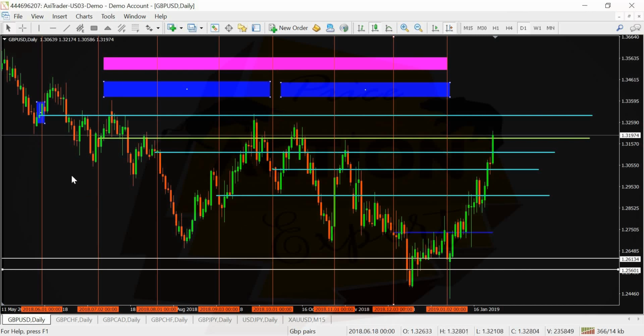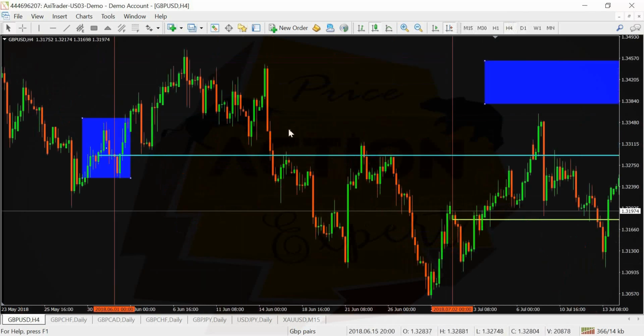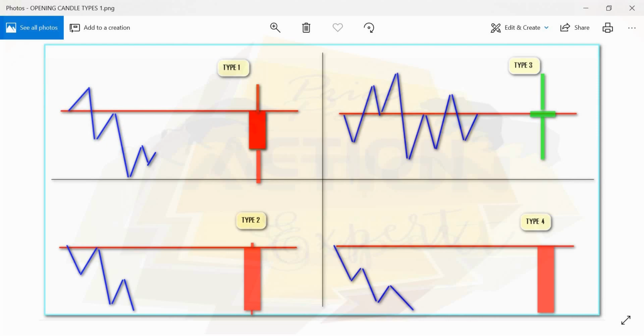Okay, I'll show you the importance of the opening candle, how perfectly it works if you form a strategy out of it, and it will be very helpful. Before we move into this, I'll show you some candlestick patterns.